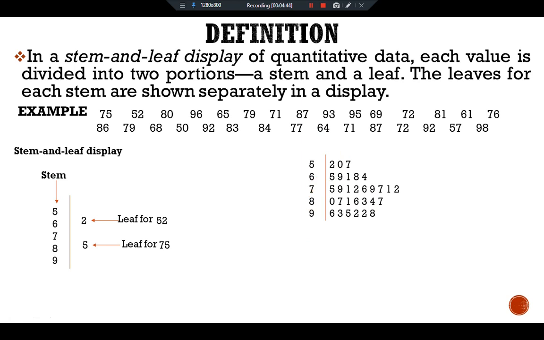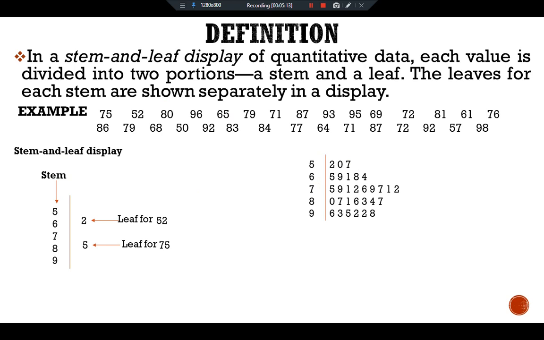So recording these scores in a stem and leaf display enables us to view how many leaves each stem has. Here we can understand that for 5 as a stem, 3 other leaves are representing the stem value.